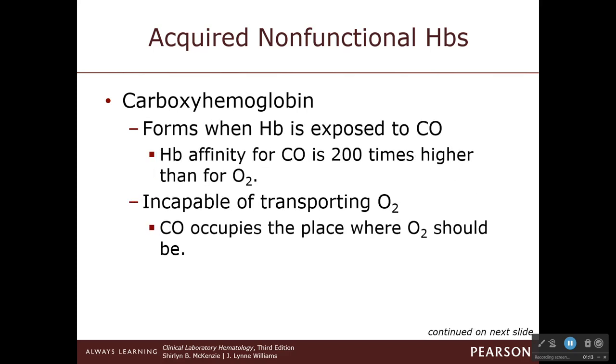But the last one we want to talk about before we go is carboxyhemoglobin, okay? This one's important because you see this all the time. You can see this in the ER lots of times. Carboxy is when you get exposed to carbon monoxide. Okay, now a while ago we talked about that in intravascular hemolysis and even in extravascular, there's a little bit of CO that is produced normally in our body.